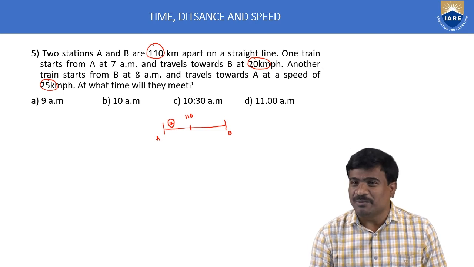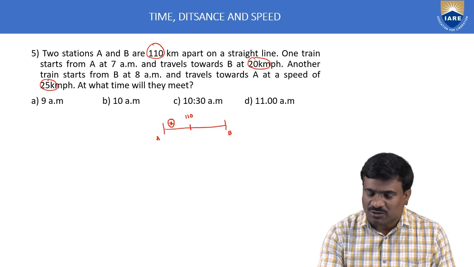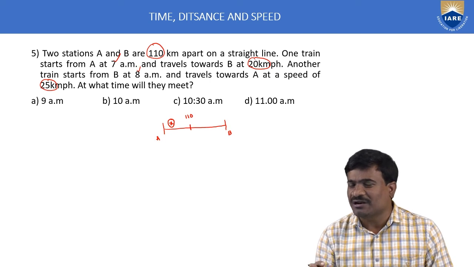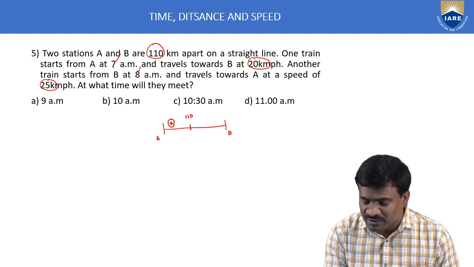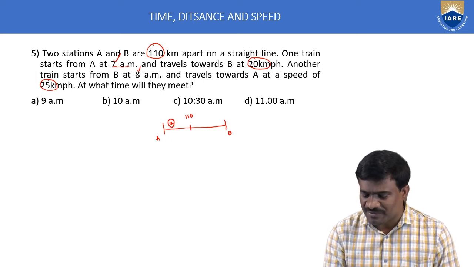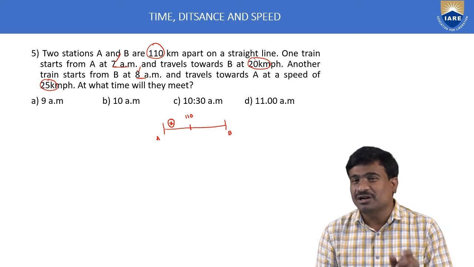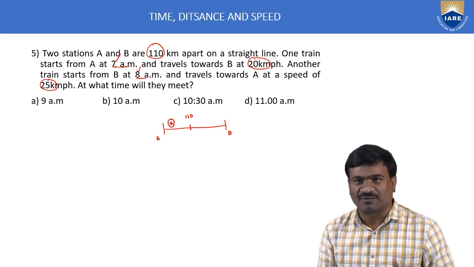Then B time up to the meeting point. A starting time is equal to 7 a.m. and B starting time is equal to 8 a.m. Here B takes 1 hour less than A time. Once more, the time gap between the first train and the second train is 1 hour.